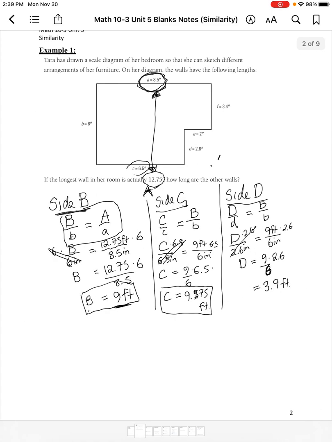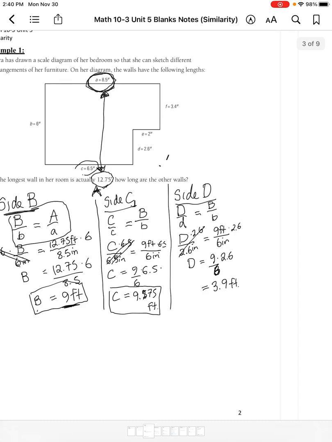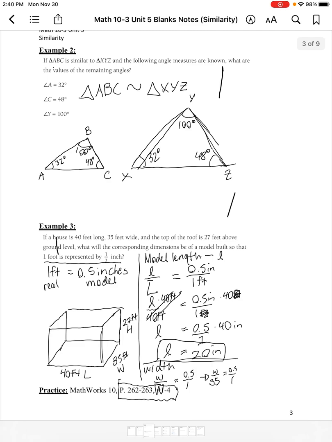We looked at how do we find side lengths on a similar shape if we know that two shapes are similar. So we looked at a problem doing that. We also figured out how to find the value of corresponding angles if we know that two triangles, for example, are similar, and we know that their corresponding angles must be equal.